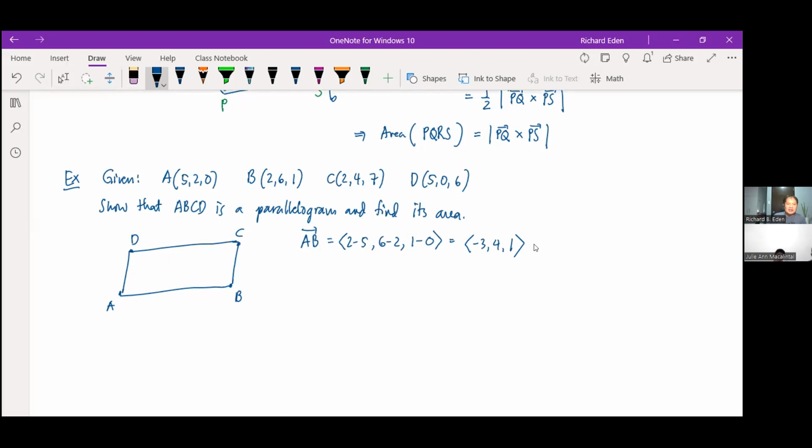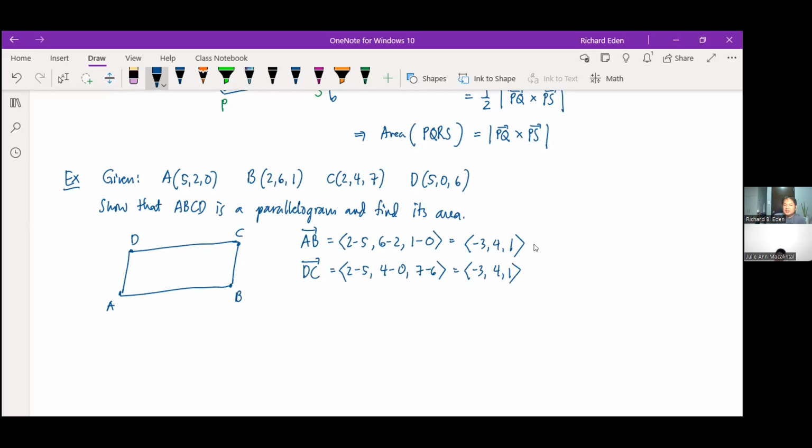How about DC? So starting from D, going to C. So the coordinates for C are 2, 4, 7. So we start with them. Oh, hey, 2 minus 5, 4 minus 0, 7 minus 6, which would give us -3, 4, 1.